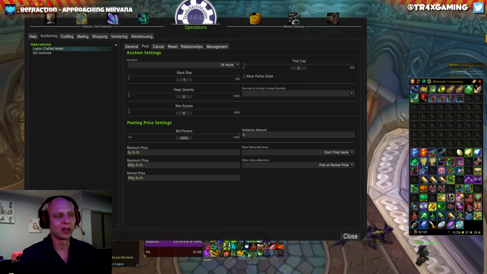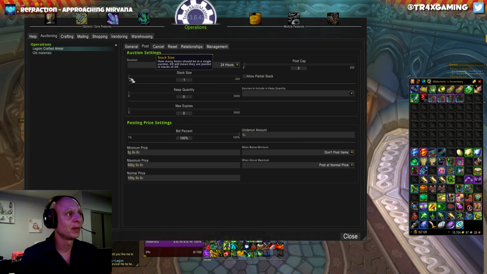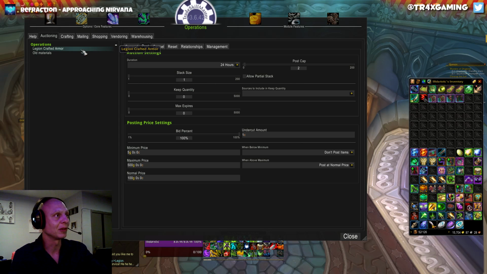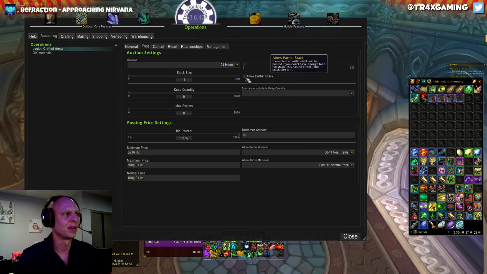But with leatherworking you can make things like drums of the mountain, which give you the same effect as bloodlust or heroism or time warp. So we're going to increase the stack size if you are selling that. But this is Legion armor. Yeah, the group name says it itself. Legion crafted armor, stack size 1.